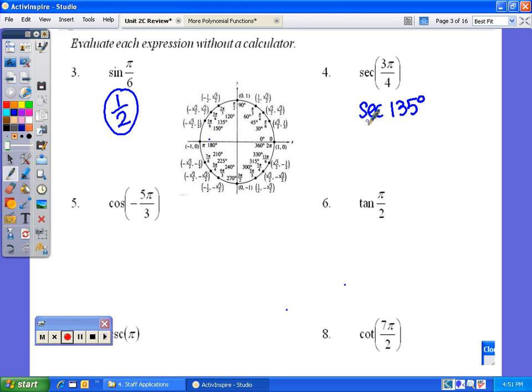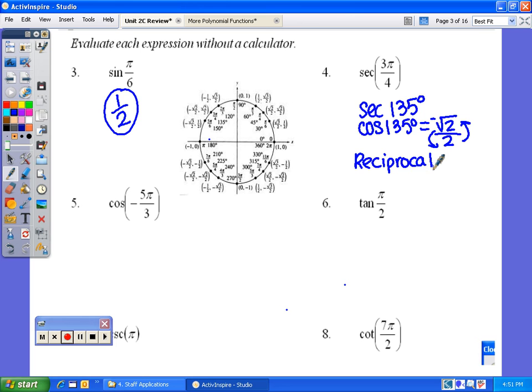Well, we know that secant is associated with cosine. So the cosine of 135 is square root of 2 over 2. You should know that, with a negative. So to get the secant, you're just going to flip it and do the reciprocal.